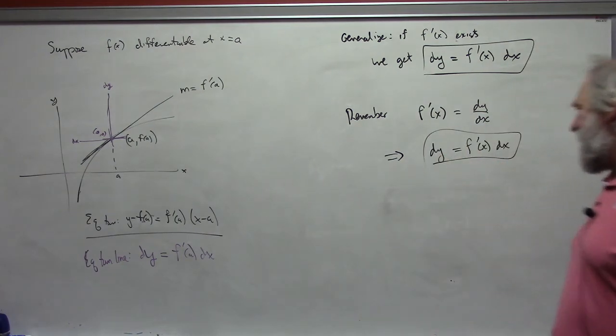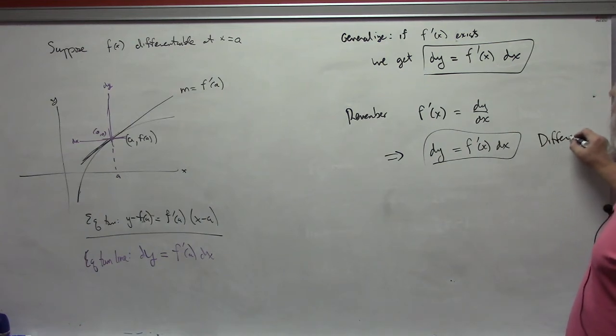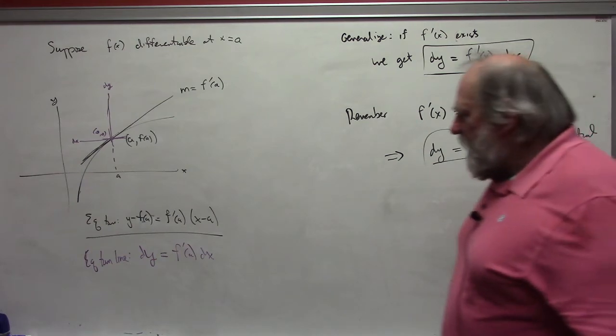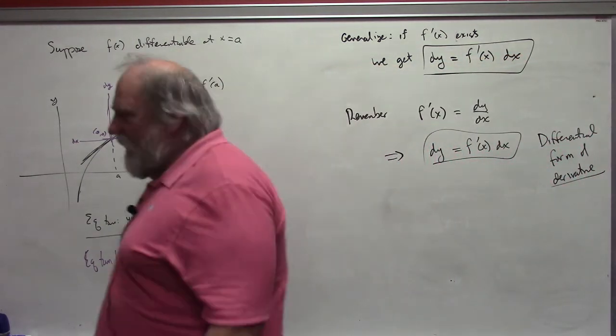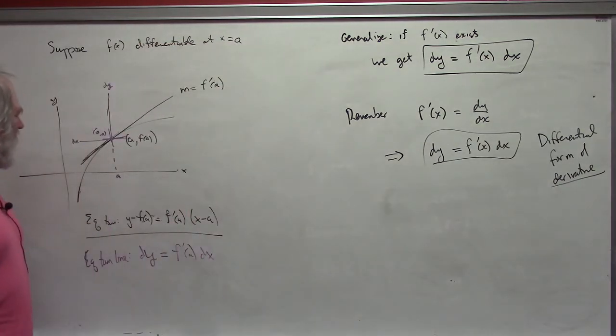This is called the differential form of the derivative. Basically, I'm thinking of dy and dx as very, very small, infinitesimal values, but we're looking at this as a quotient.